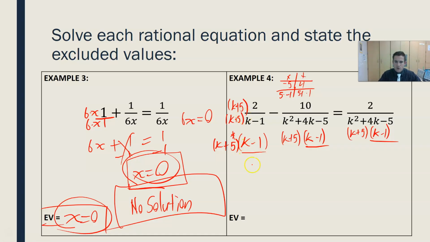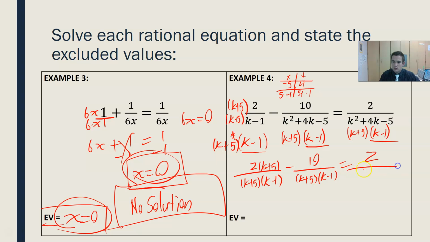Okay, so when I do that, I get 2 times k plus 5 on the top, and k plus 5 times k minus 1 in the bottom, minus 10 over k plus 5 times k minus 1 equals 2 over k plus 5 times k minus 1.